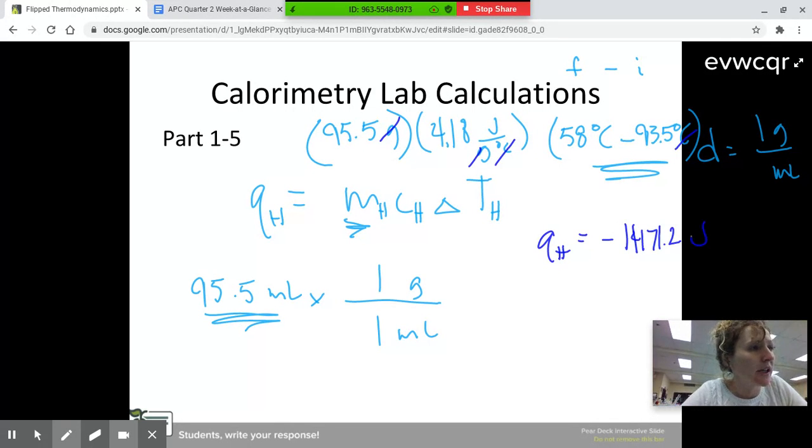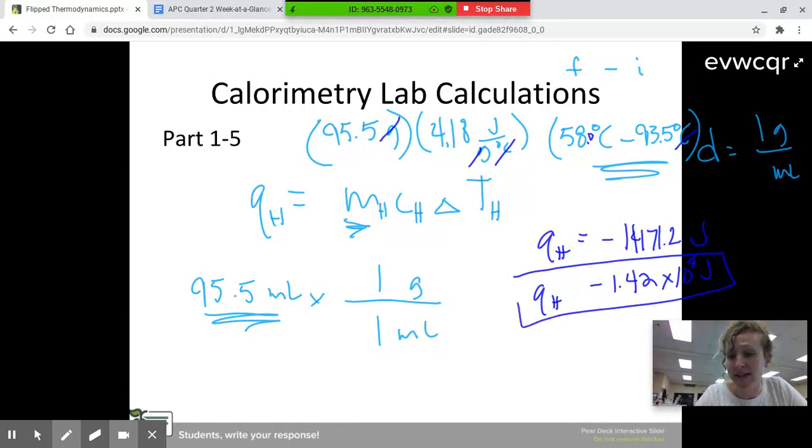And then you can keep 3 significant figures. So this should be 1.42 times 10 to the 4 joules. Or you can convert to kilojoules, either way.